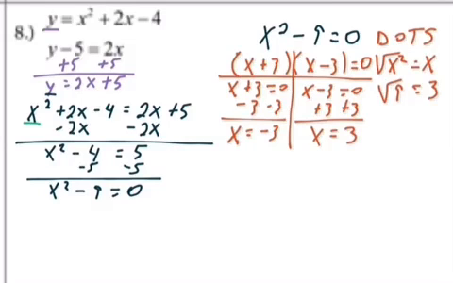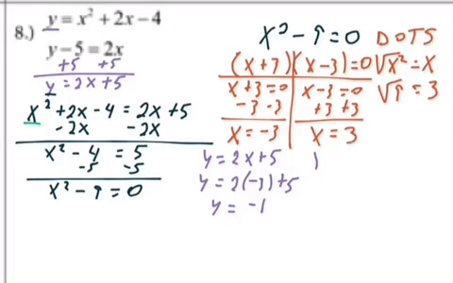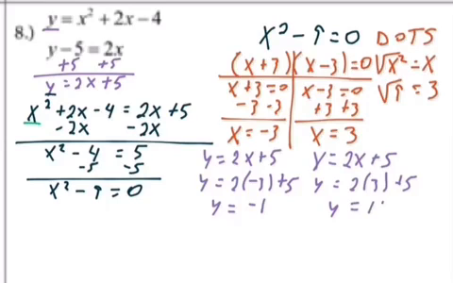Write down one of the two equations. I'm going to use y equals 2x plus 5 and substitute in for x. Y equals 2 times negative 3 plus 5, giving you y equals negative 1, and y equals 2 times 3 plus 5, giving me y equals 11.